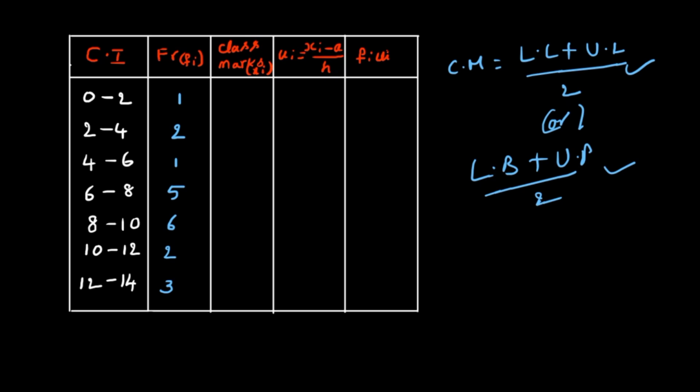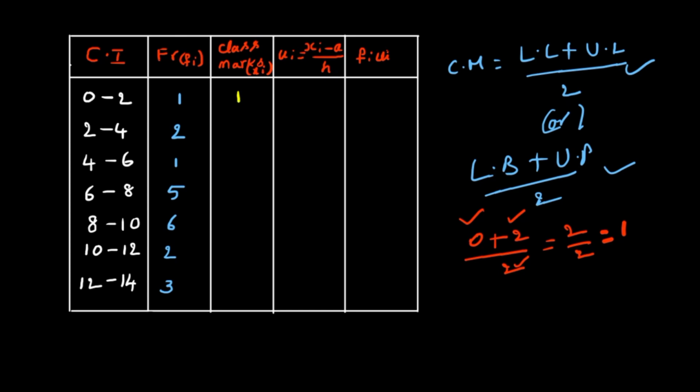So the first class is 0 to 2. 0 to 2 means 0 plus 2 by 2, because it is lower limit plus upper limit by 2. 0 plus 2 by 2 is 2 by 2, that equals 1. So the class mark here is 1.